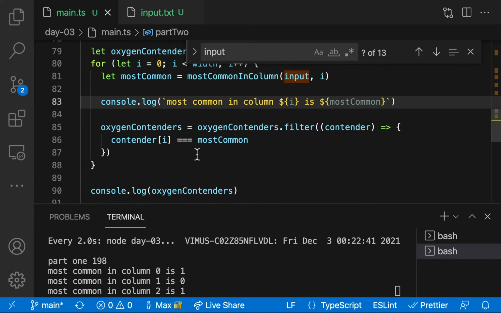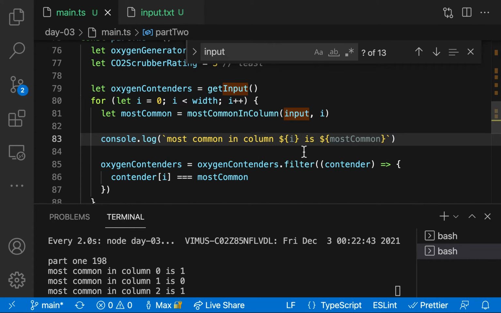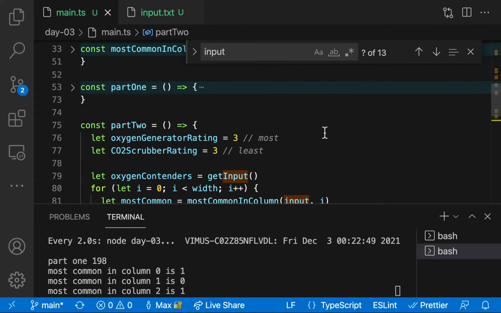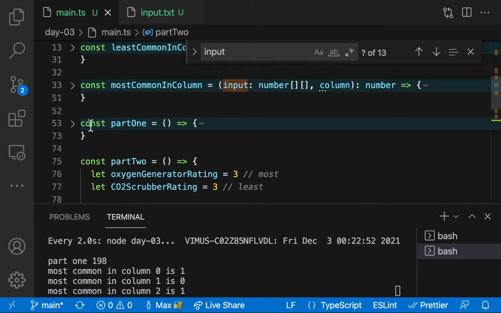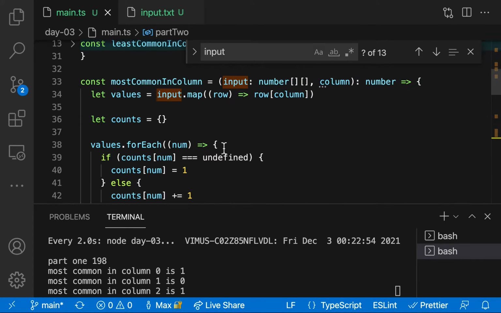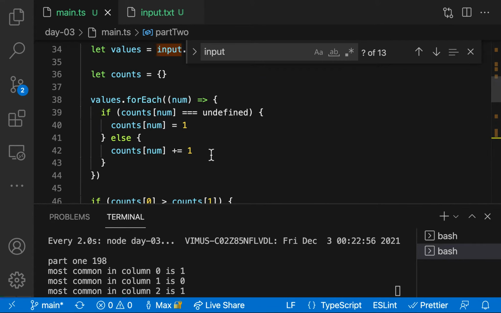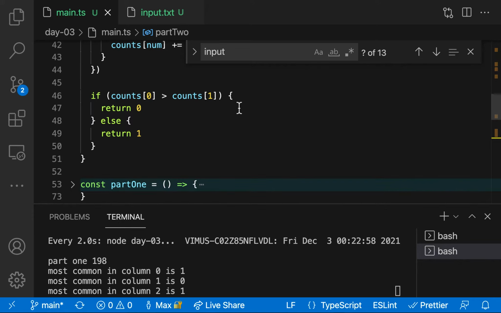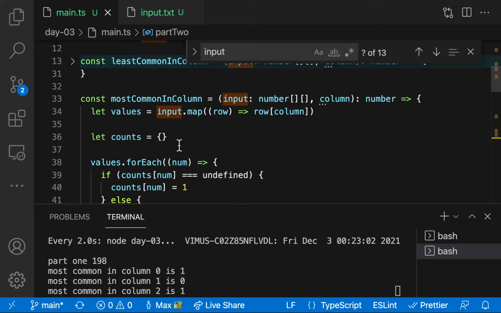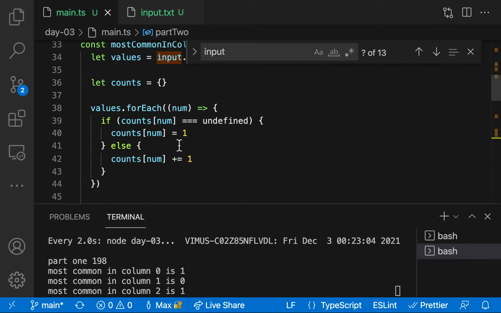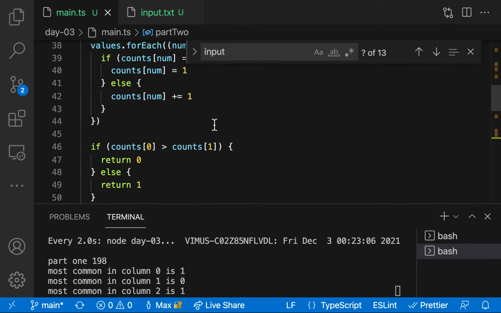We just need to record those bits. And I think the other challenge here is that we didn't necessarily have any logic for if they're equal. So we actually know what to do now. For most common, we know how to break the tie now.